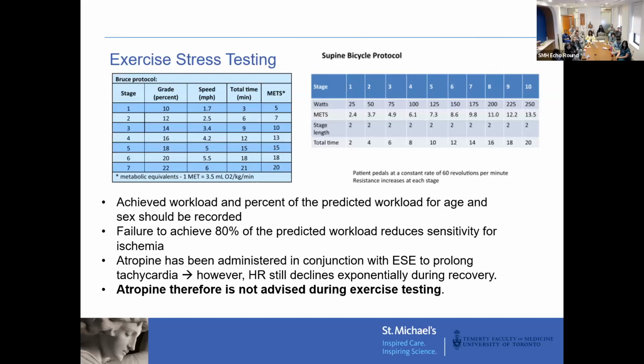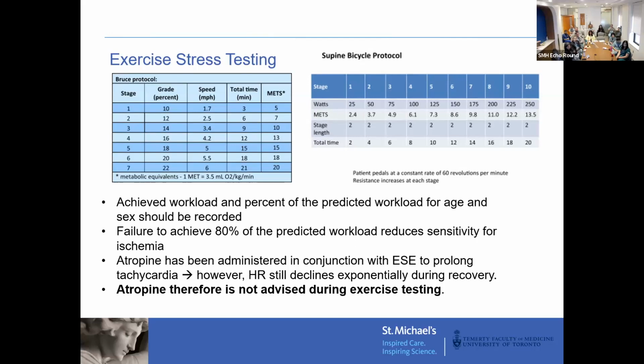And then for exercise testing in the past, they had used atropine, and that's as a way of, when the patient reaches a certain heart rate, they give atropine at the end just to see if their heart rate will continue to be maintained at a specific heart rate above the 85% rate. And that's because in treadmill, the primary problem is the patient reaches a heart rate, but by the time they transfer over to the bed, their heart rate drops.